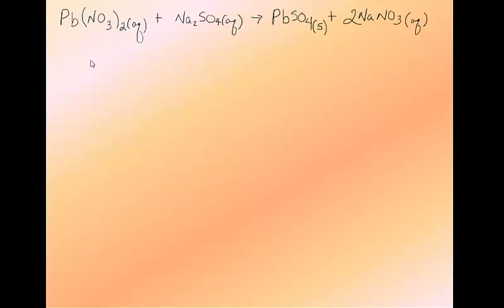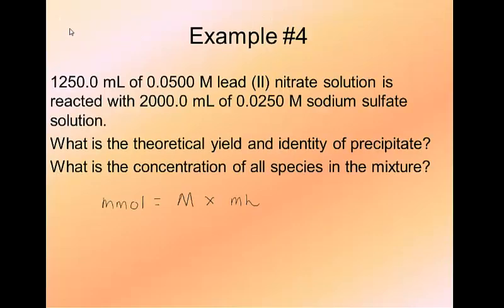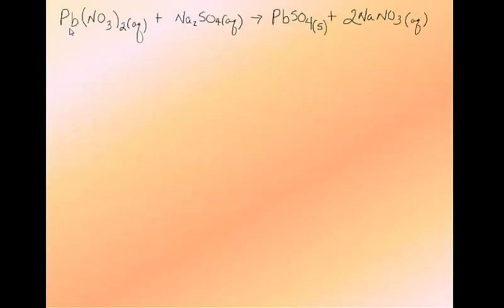Now for the information before a reaction occurs, it tells me that I have, and I'm doing this in millimoles, 1250 of a 0.05 molar solution and 2000 of a 0.025 solution. So what it tells me then is I have 62.5 millimoles of the compound.